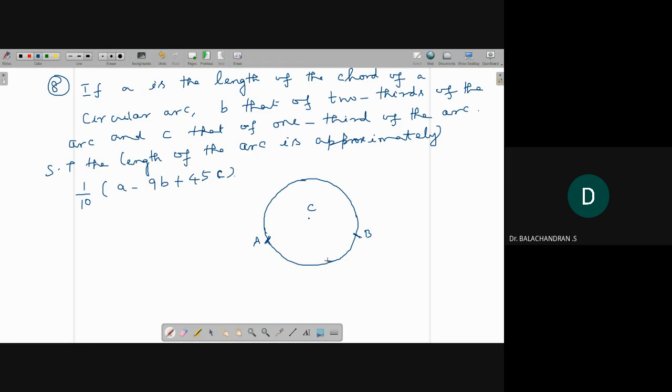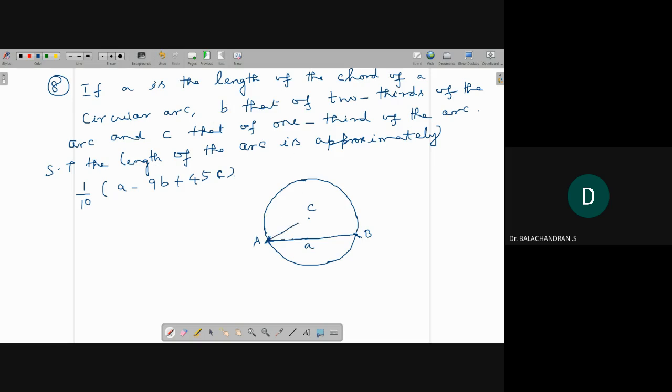But it is given the chord length. A is the length of the chord of the circular arc. So this is A, and then I will tell what B and C are later.